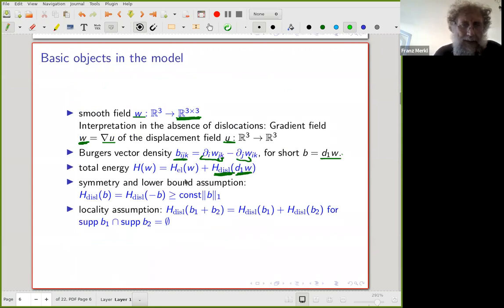So it's described as an elastic part, H elastic, the elastic part of the Hamiltonian, depending on W. And for this local part, I use some symmetry assumptions: that it does not change when you use dislocation lines with Burgers vectors in the opposite direction.